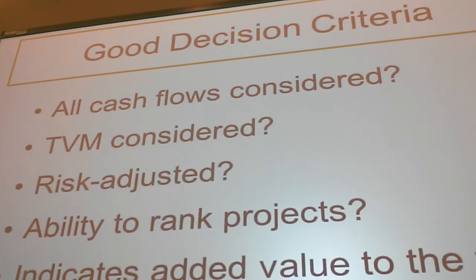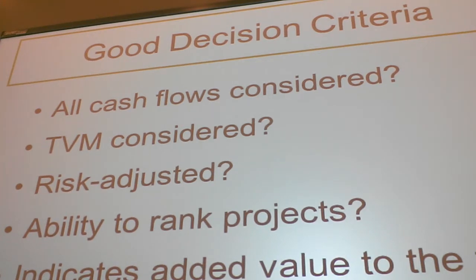So there's ways of making decisions on these topics, and there's some good decision criteria which should at least ask these types of questions. First, are all the cash flows considered? Meaning, are we considering not just the down payment on this plant, but is everything that will be coming in from it going to be incorporated as well?